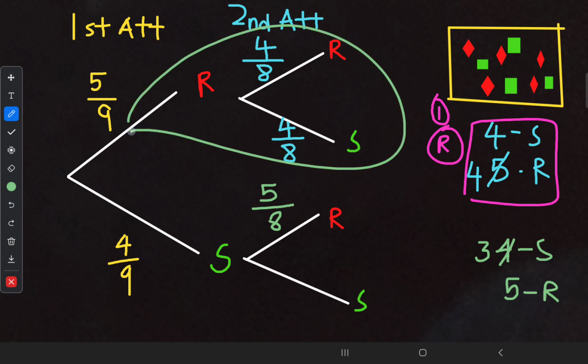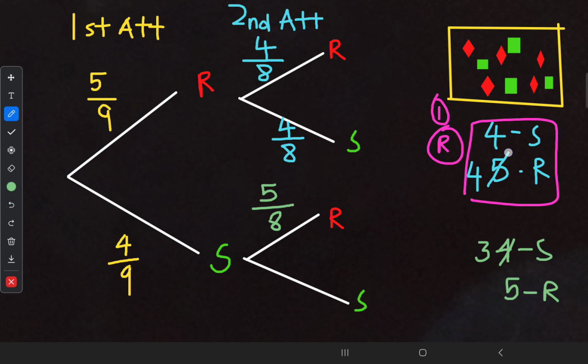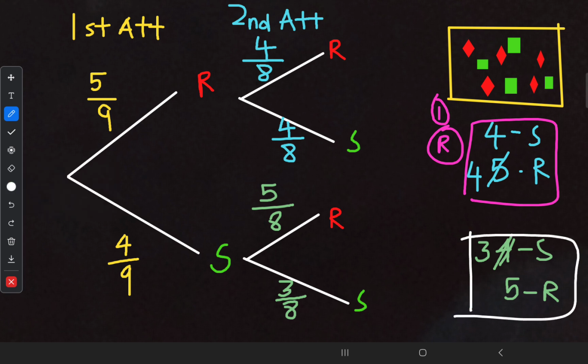There he selected a rhombus first, that's why I reduced one from the rhombus. Here he selected the square first, so I have reduced one from squares. So from the 8 shapes, we have 5 rhombus and 3 squares.